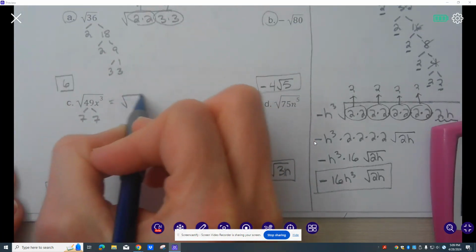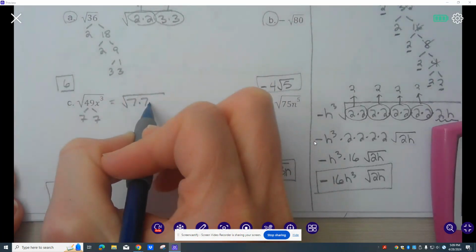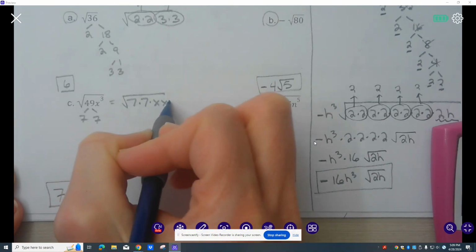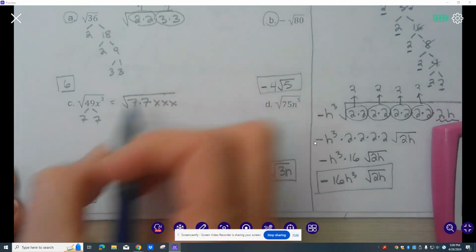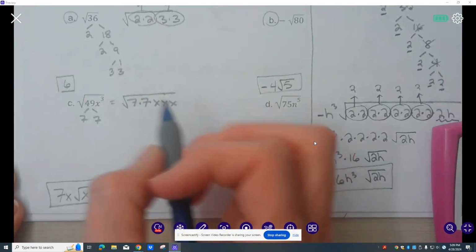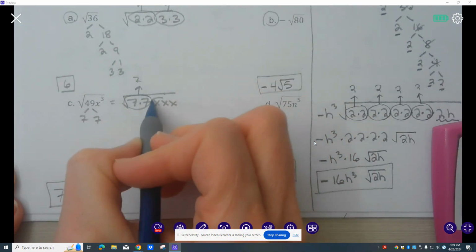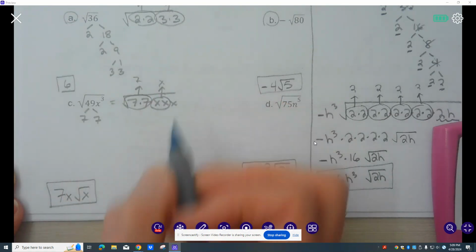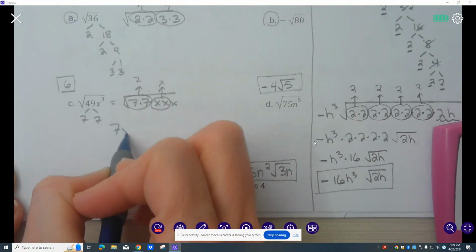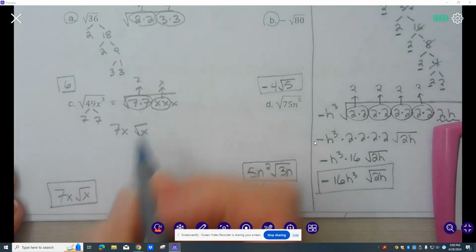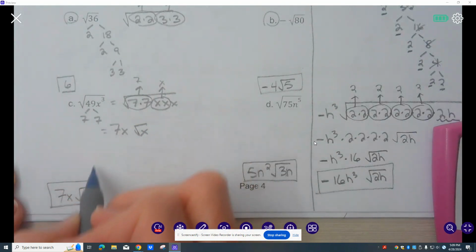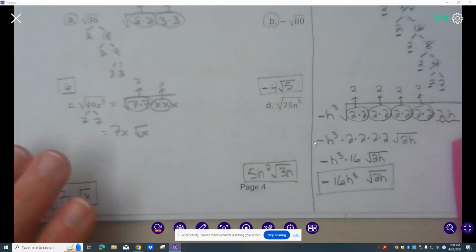So this is the same as 7 times x times x times x. When it's just a low number of x's, I just list them. So 7 escapes, and 1x from that pair escape. So outside the jail, I have 7x, and inside, I have 1x left. So that's my answer there.